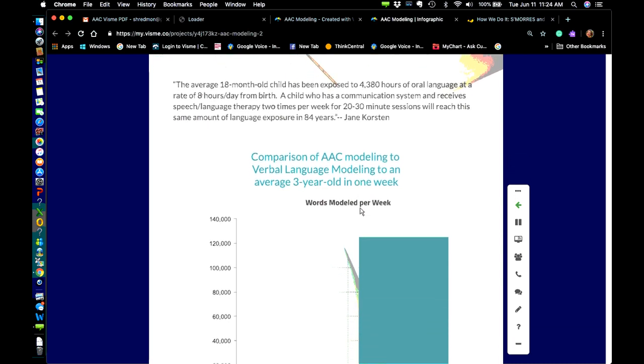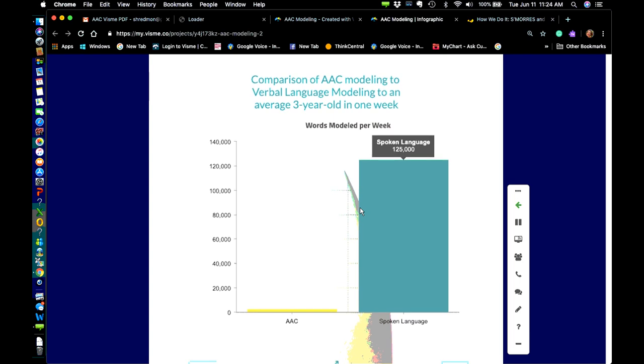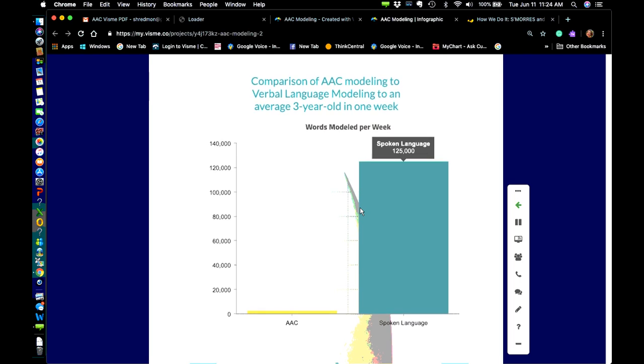There was another study that was just recently done, linked here, comparing AAC modeling to verbal language modeling to average 3-year-olds in 1 week. When I took the data from this research study and put it into this graphic for a mom that I work with who has 2 boys on the spectrum, nonverbal, who use AAC to communicate, she was flabbergasted.